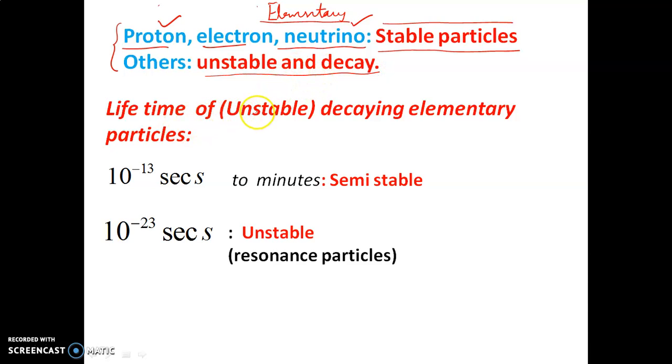Now this lifetime of unstable decaying elements: if they have a lifetime from about 10 to the power -13 seconds to minutes, then they are said to be semi-stable particles. That means any elementary particle which has a lifetime lying between 10 to the -13 seconds to minutes.